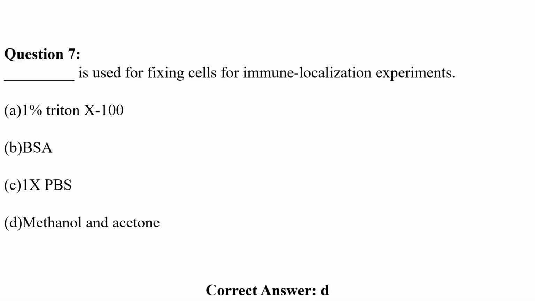methanol and acetone. Immune localization experiments are experiments where we can fix the cells and then add an antibody specific for, let's say, particular organelles, an antibody specific for a mitochondrial protein.